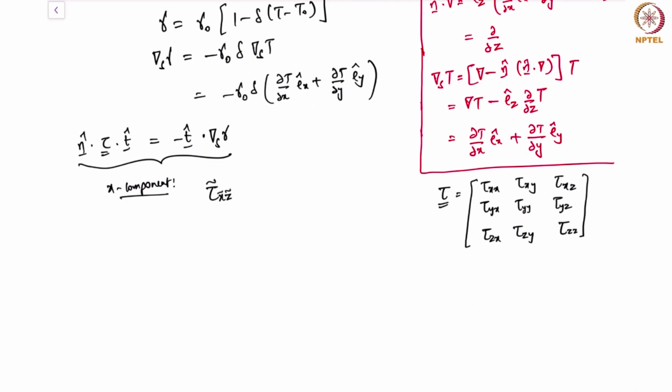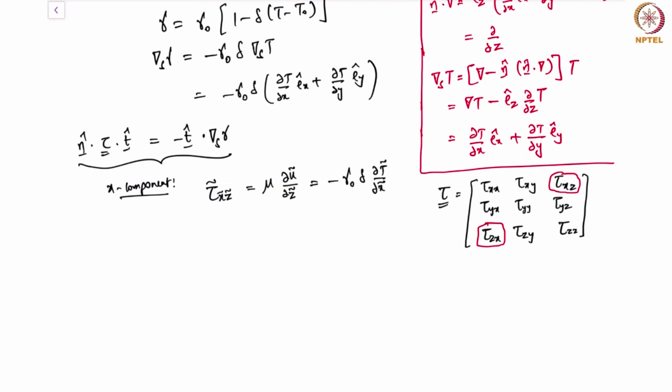These are all dimensional. It will be mu del u by del z, and this term is basically tau xz, same as tau zx. This term essentially becomes minus gamma naught delta del T by del x.